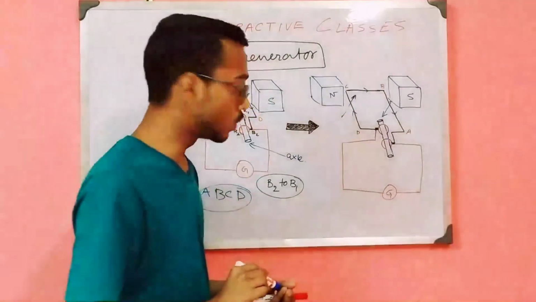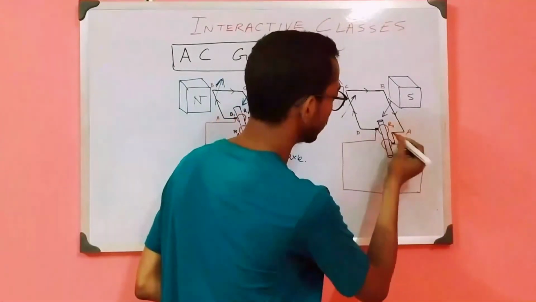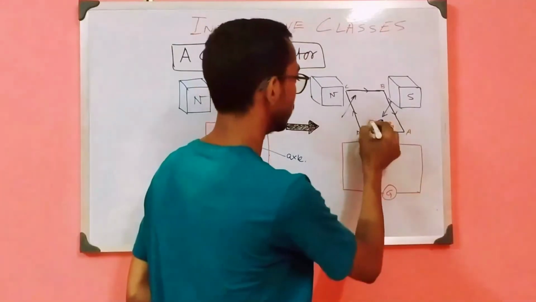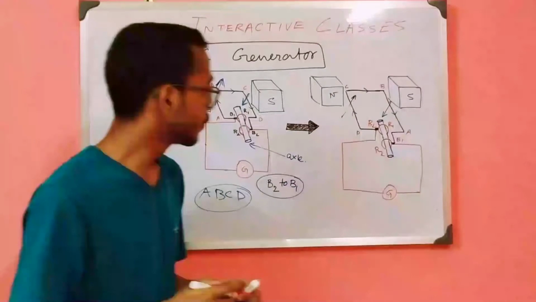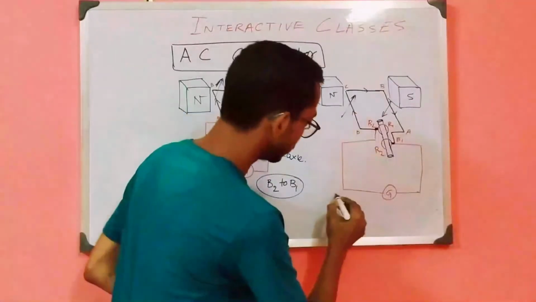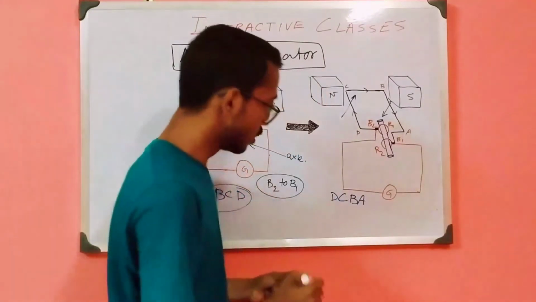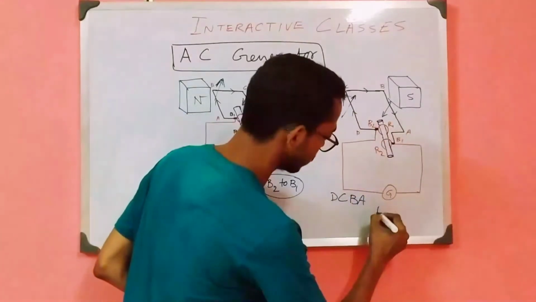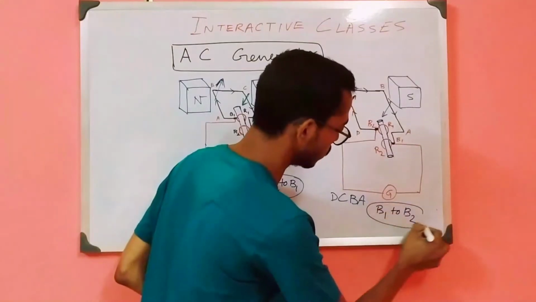Now interestingly, this is R1 again and this is R2, but the brushes have changed, right? This will be B2 and this will be B1. Now we see here the current flows through D, C, B, A, which will again result in the flow of current through this circuit like this, from B1 to B2.